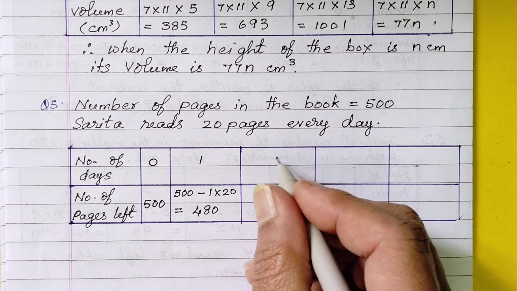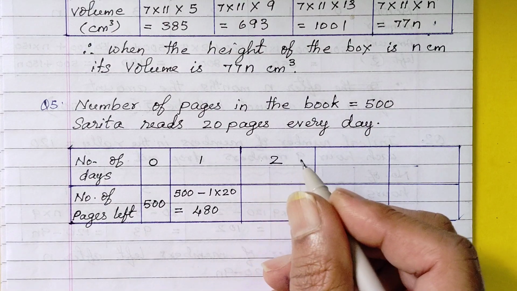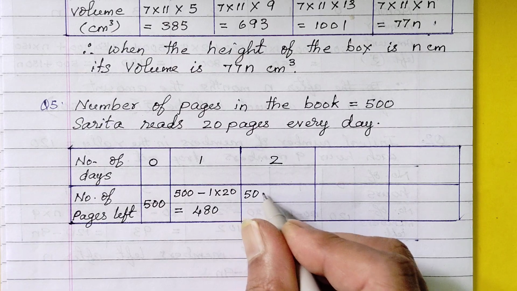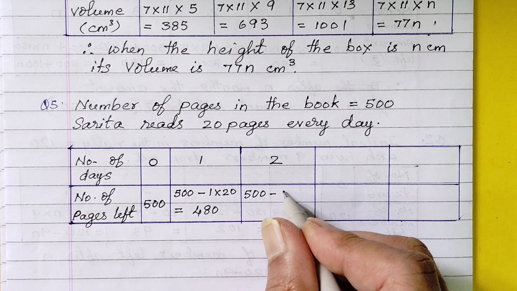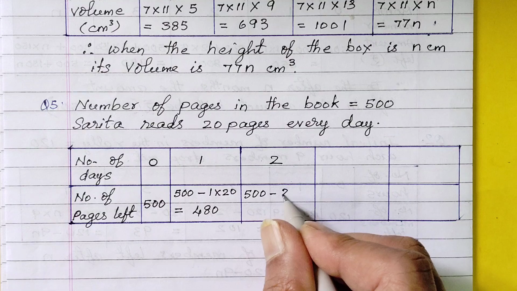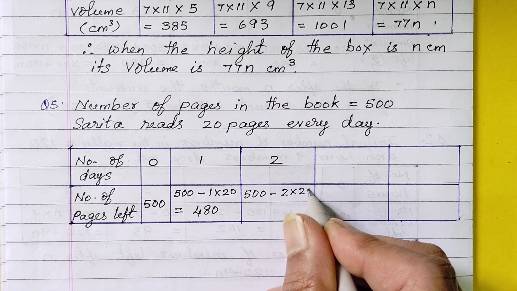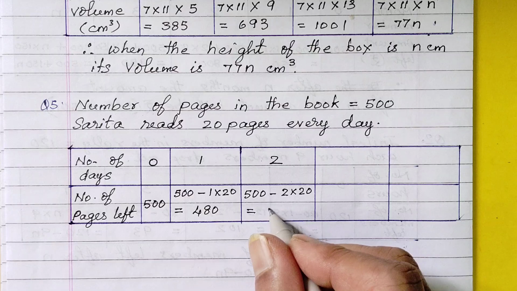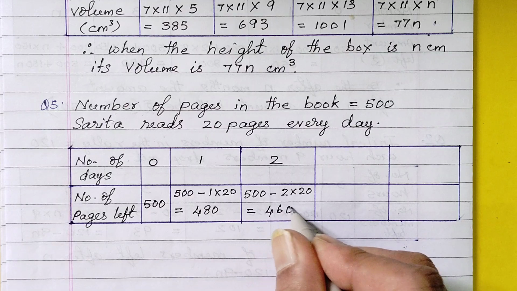Then after the second day, the number of pages left will be 500 minus 2 into 20, that's equal to 460 pages.